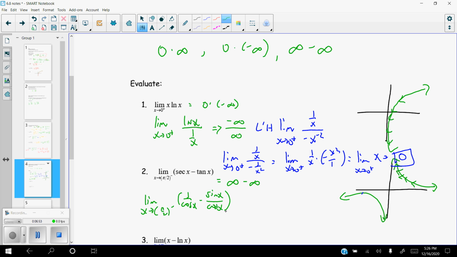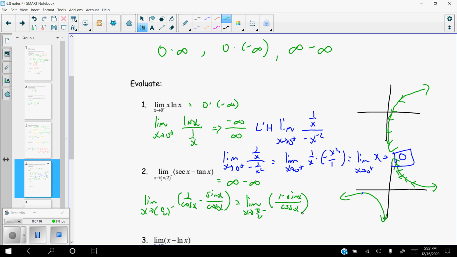If they weren't the same denominator, we might want to try something different first. Pi halves from the left. So let's go ahead and write that as 1 minus sine of x over cosine of x.